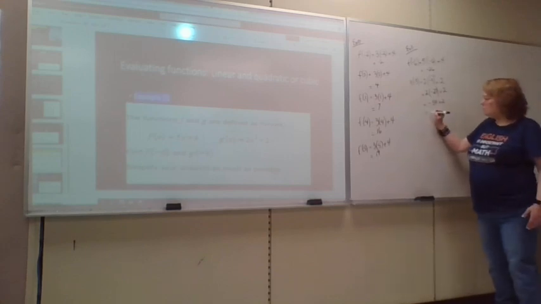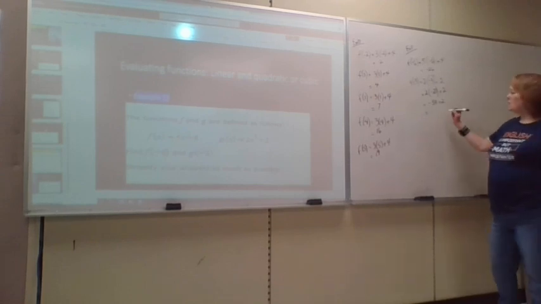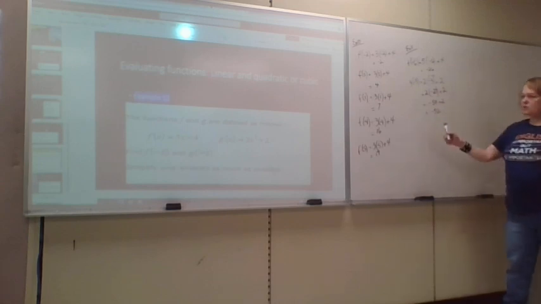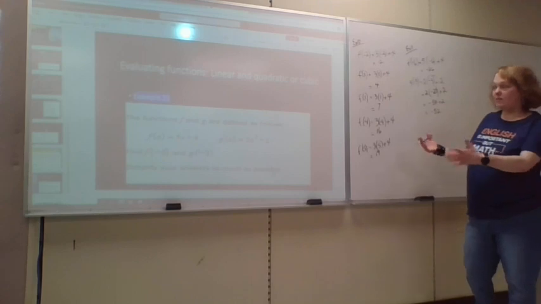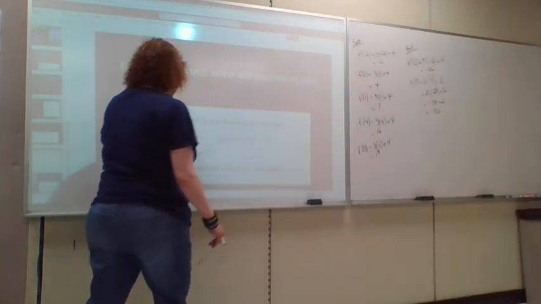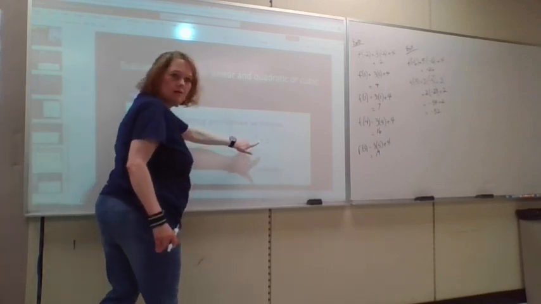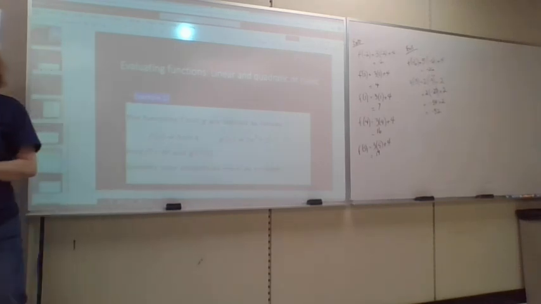What is -54 plus 2? -52. Questions on those? We evaluated functions. And this is linear because it just has the exponent of 1, and this is cubic because it has the exponent of 3. Didn't know if you guys knew that.